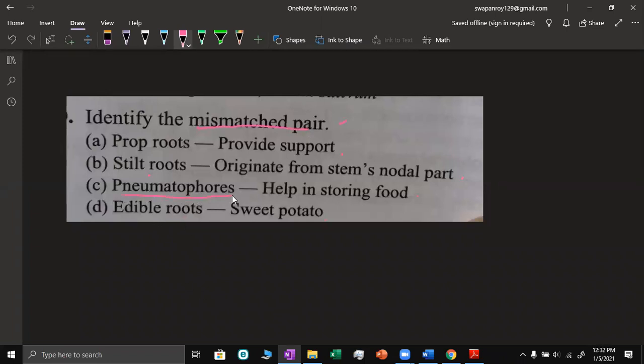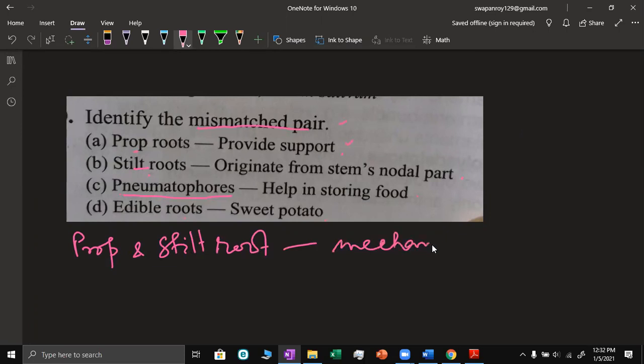Pneumatophores, see here, prop root and stilt root. This is prop root. Prop root and stilt root are for mechanical support.